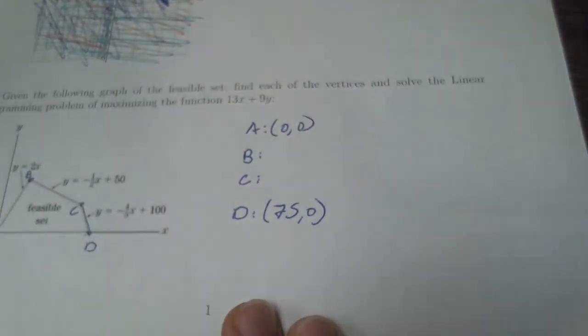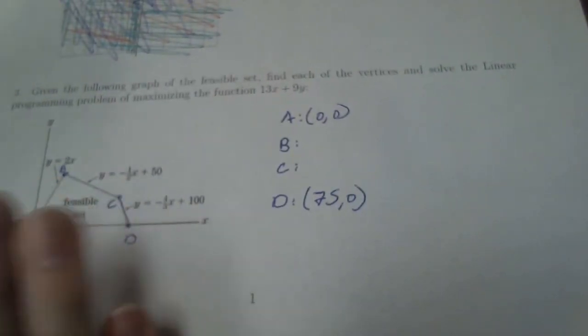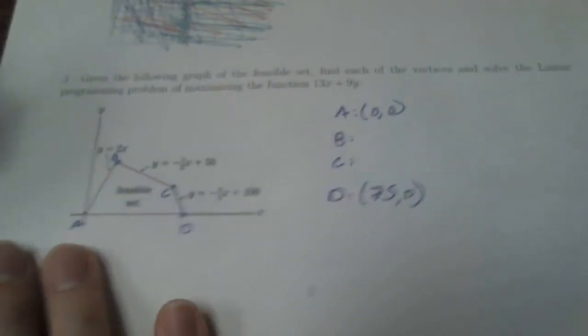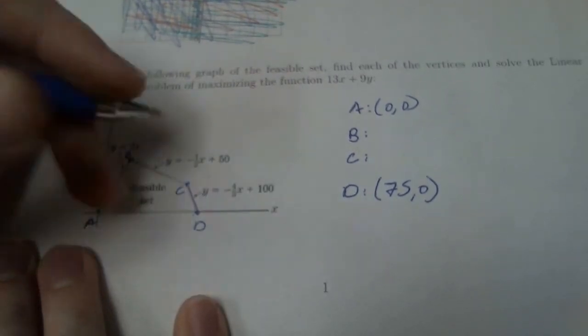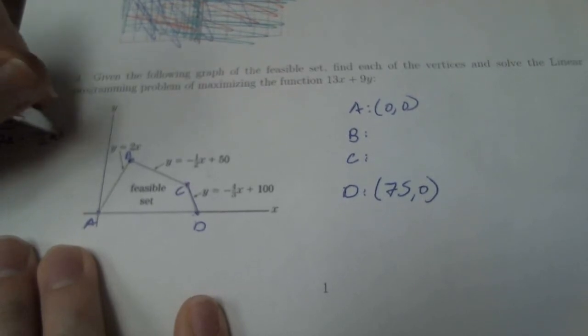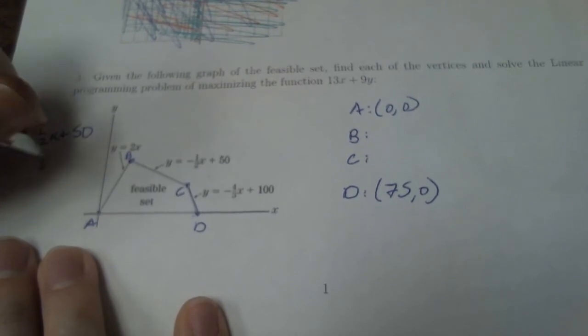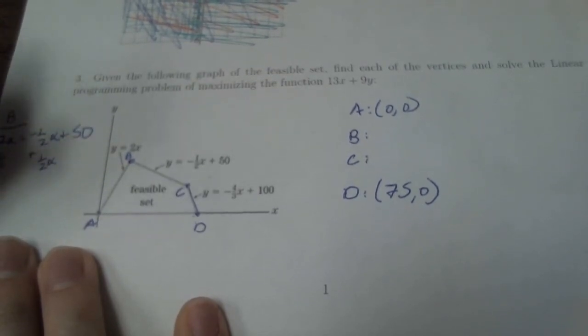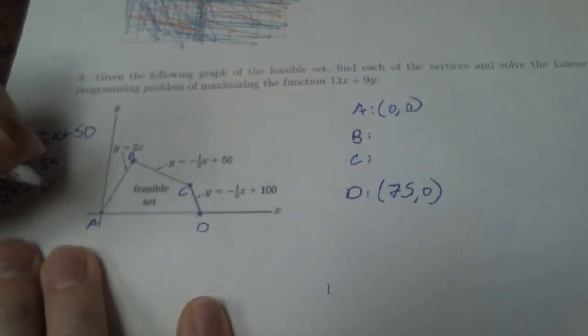And then for B and C, that's when you have to solve the equation. It's slightly more complicated, but not too bad still. For B, that's where 2x equals -1/2 x + 50. We add 1/2 x, so that's 5/2 x equals 50.